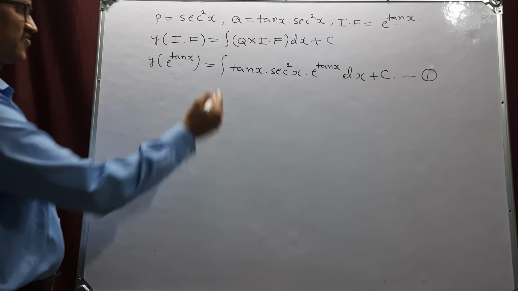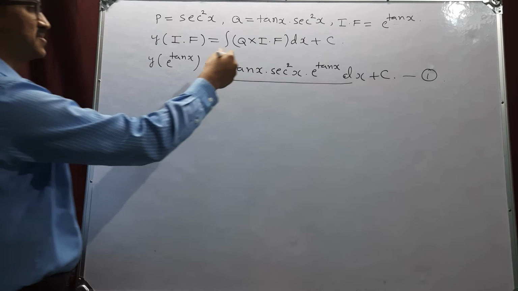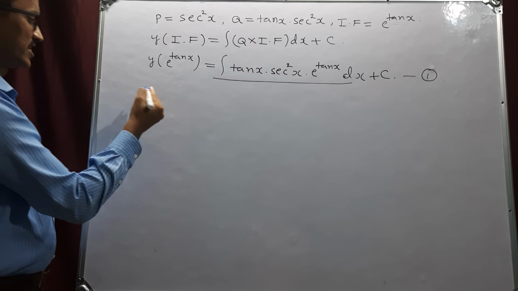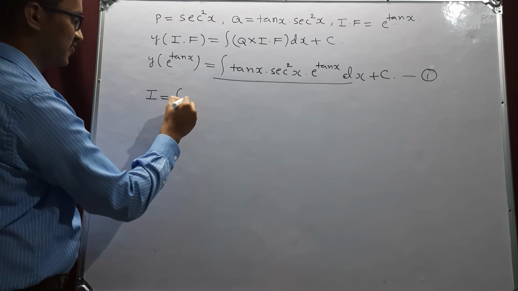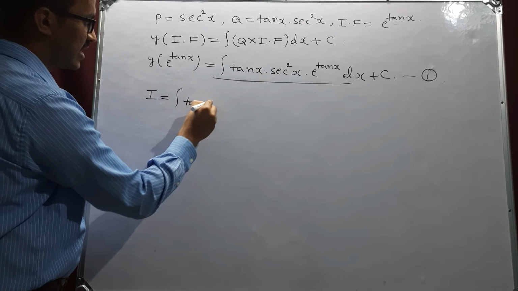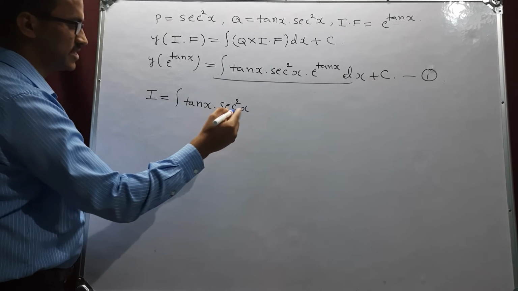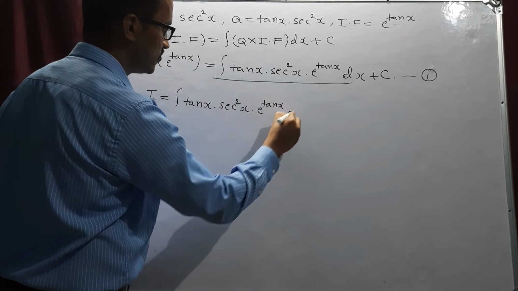Now let us find the value of this integral, and we are going to substitute it in equation 1. So take this integral as I is equals to integration of tan x into secant square x into e power tan x into dx.